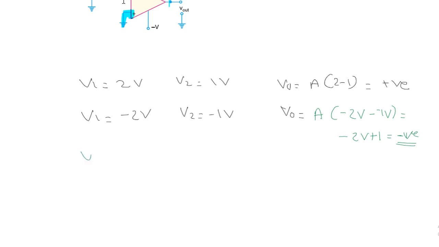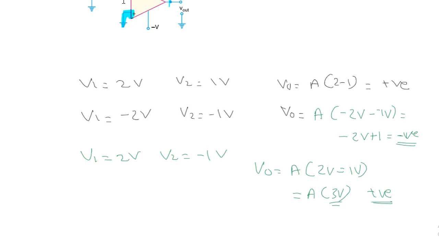Now let us take another possibility. V1 is equal to 2 volt and V2 is equal to minus 1 volt. Then output voltage will be equal to gain times 2 volt minus of minus 1 volt. So this will be gain times 3 volt, and so output voltage will be positive.